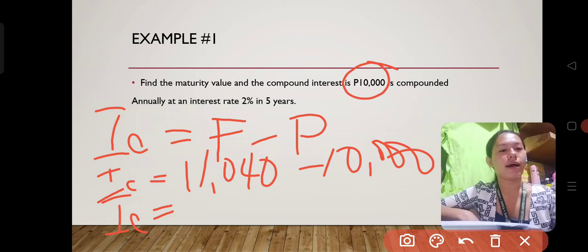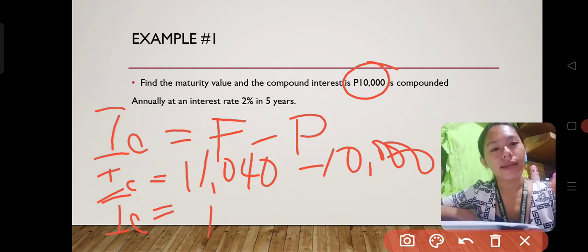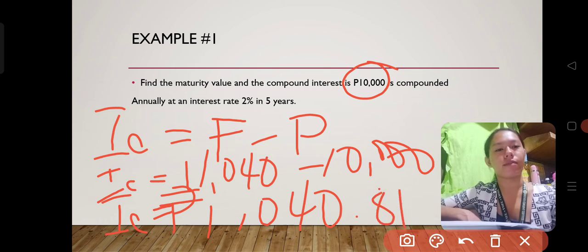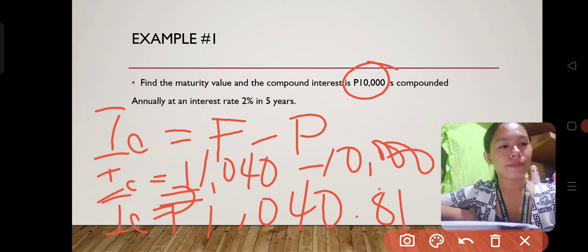What is the answer? Okay, Jessica. Okay, very good. Our compound interest is 1,040 and 81 centavos. Okay? Di ba madali lang?